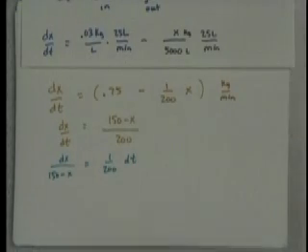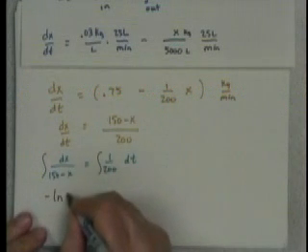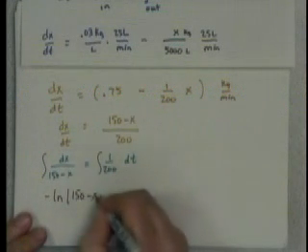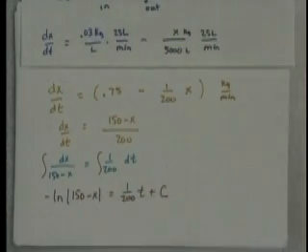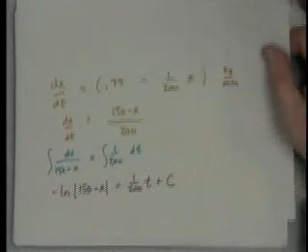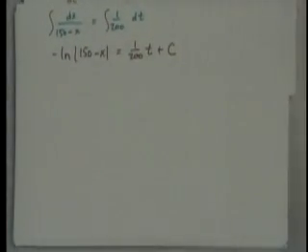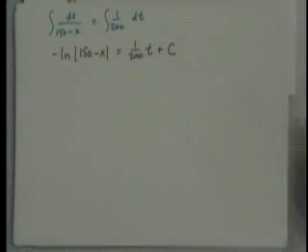And now we're going to integrate both sides. So I have negative the natural log of (150 minus x) equals 1/200 times t plus some constant. And now this is very similar algebra to what we used earlier. I'm going to change the sign, take e to the power, change e to the negative c for a.